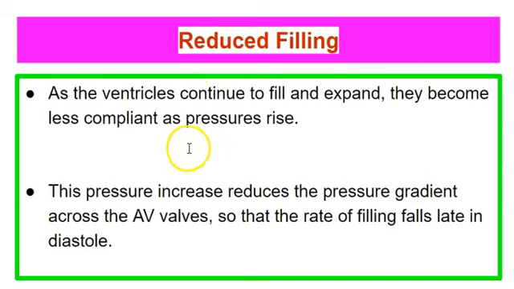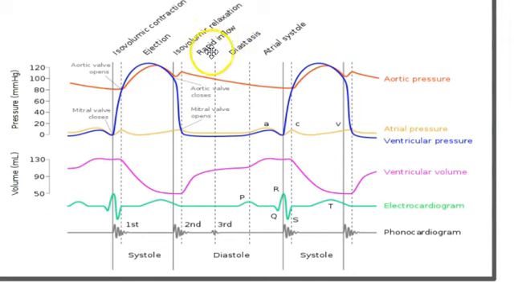As the pressure rises in that ventricle because it's filled with blood now, this pressure increase in the ventricle reduces the pressure gradient between the ventricle and the atria across the atrioventricular valve, so that the rate of filling falls late in diastole.